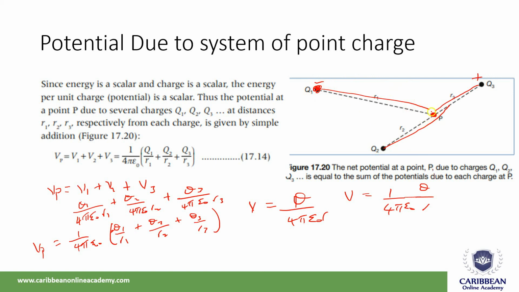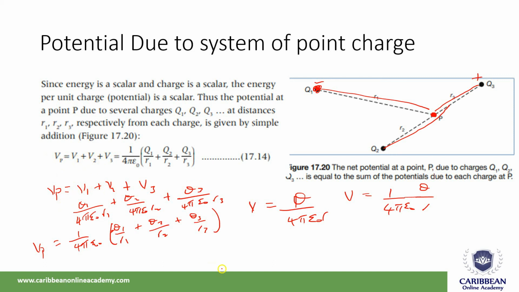Q2 also has some electrical potential acting at point P. Q3 also has some electrical potential acting at point P. So in order for us to find the overall net electric potential, you would essentially add up all of the electrical potentials: V1 plus V2 plus V3.